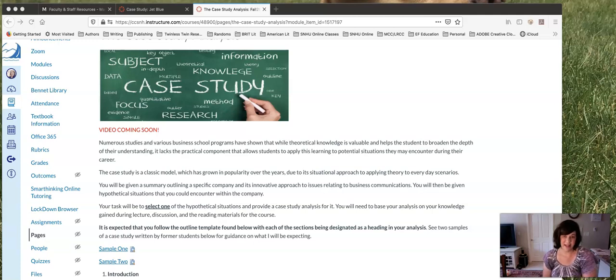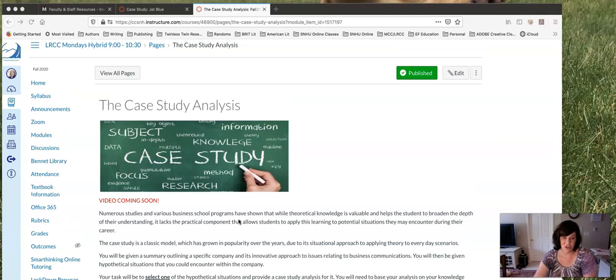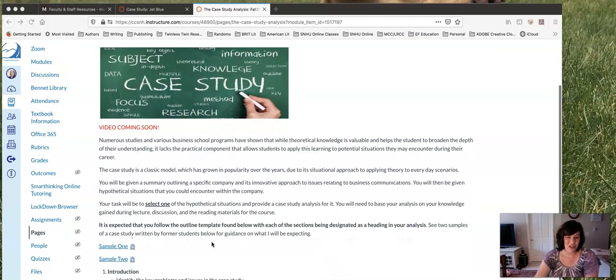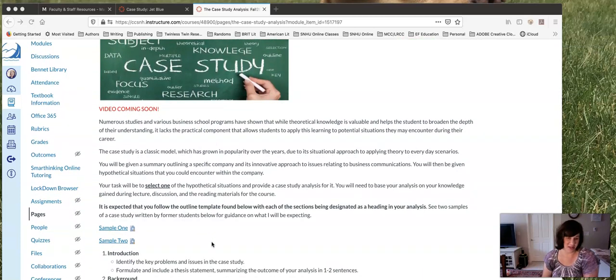So let's look at this page here, which you can find in the course shell. This is from week 2, and the page is called the Case Study Analysis. So essentially what you are asked to do is give a report. And just like I said the other day, there are different forms of communication.